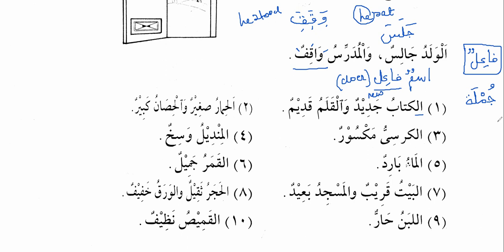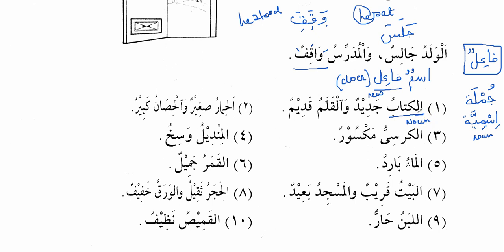Jumla with a ta marbuta, ismiyya with a shadda and ta marbuta. Jumla ismiyya, ismiyya means noun, and Jumla means sentence. That means nominal sentence, the sentence which starts with a noun. So this is called Jumla Ismiyya.